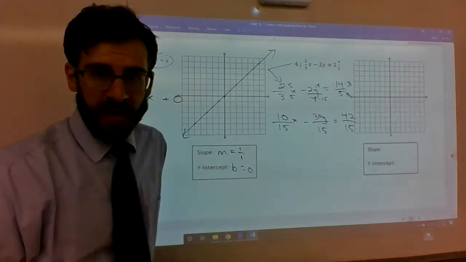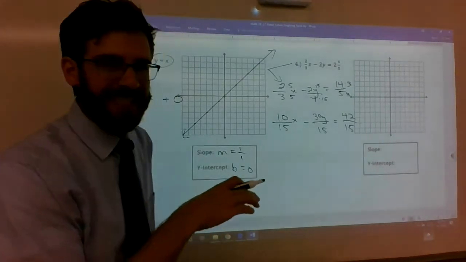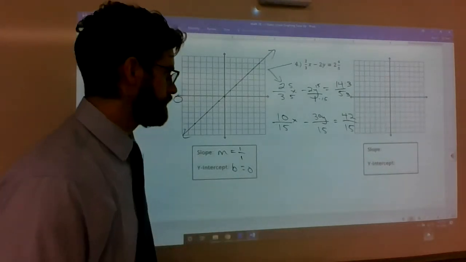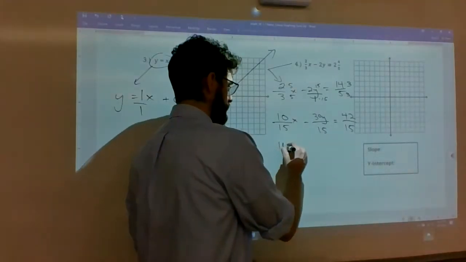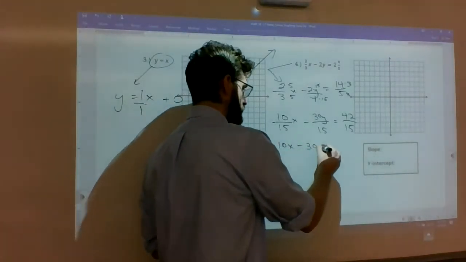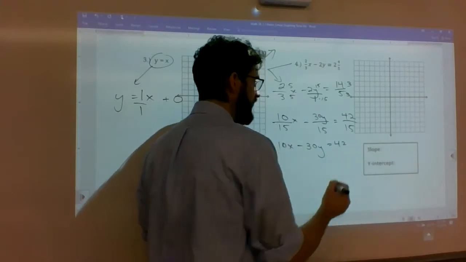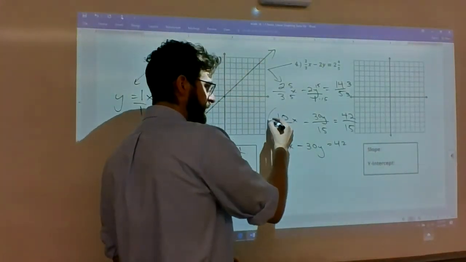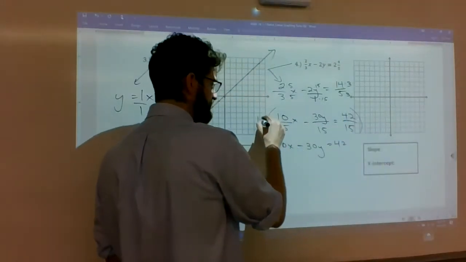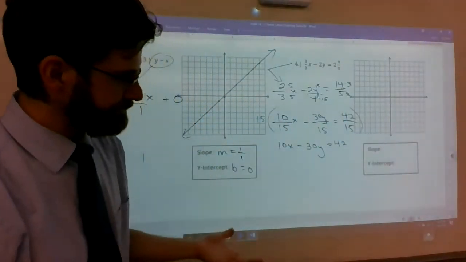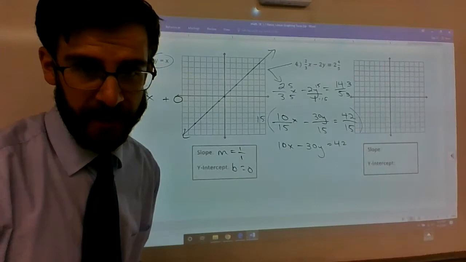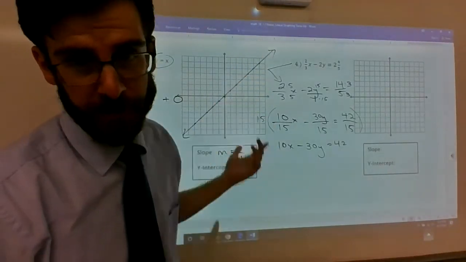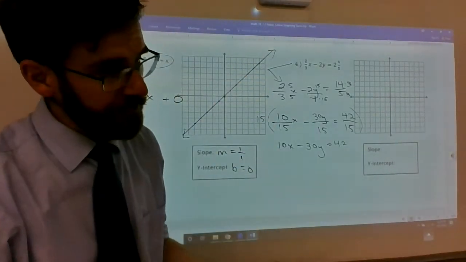And really, once you get the common denominators at this point, you can ditch the denominators. And if you're asking yourself, well, why can you ditch the denominators? It's because if I multiply both sides by 15, which I can, I can multiply both sides by anything. Look at number 2, you multiplied everything by 10, you can do that with 15 as well.